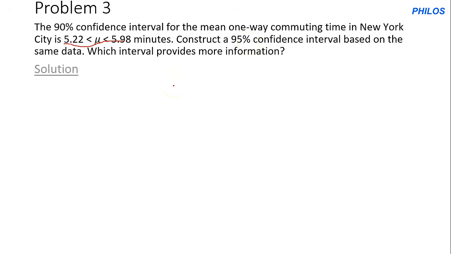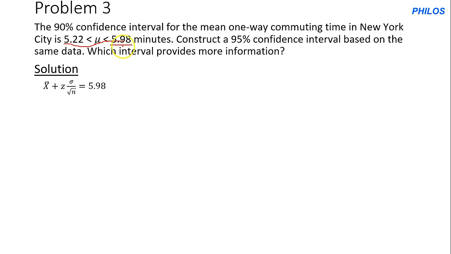So to solve this is what we're going to do. Now remember that you got the left by taking x bar minus z times standard deviation over root n, isn't it? And then you got 5.98 by using the formula x bar plus z times standard deviation over root n, isn't it? So if that is the case, then the best way to go about this question is to say that x bar plus z times standard deviation over root n is equal to 5.98.